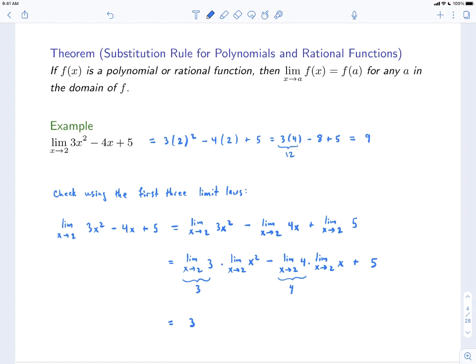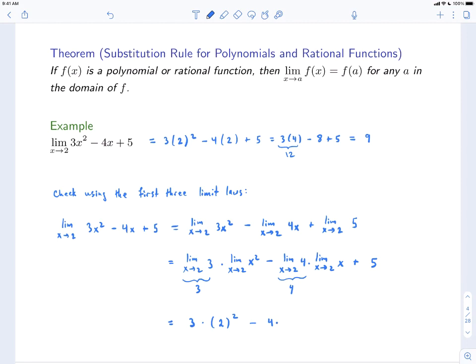Well, we know that the limit as x goes to 2 of a power is that value of x raised to the power, minus the limit as x goes to 2 of 4, which we've already established is just 4, times the limit as x goes to 2 of x.